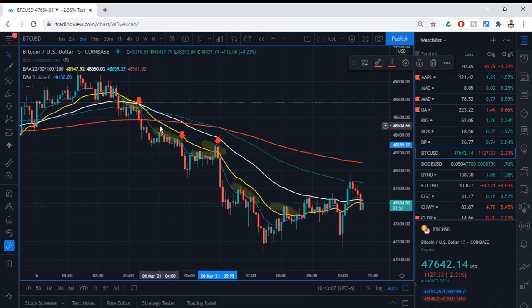Another difference is that with the 9-day there are going to be a lot more crossovers, which, if you're using a crossover strategy where you're trying to short the crossovers and go long, means you're going to be in and out of the trade a lot quicker. But if you want to use it, 100% go for it. It's your strategy, to play with as you see fit.